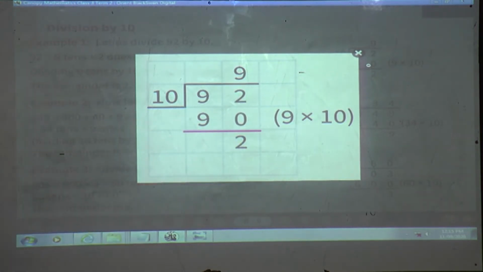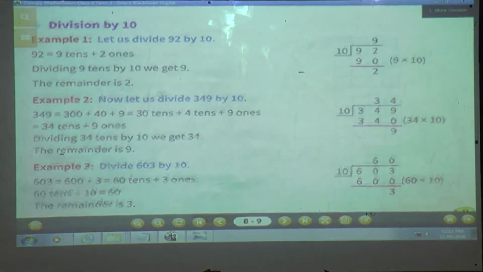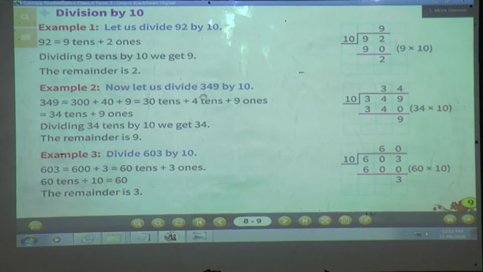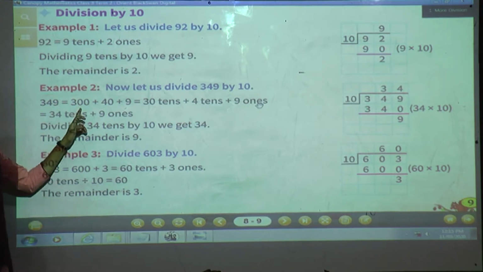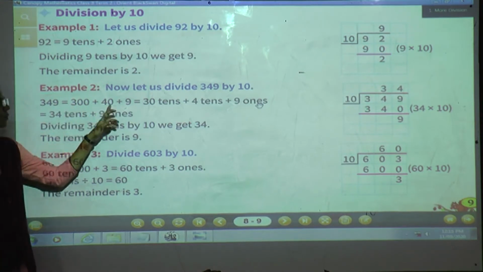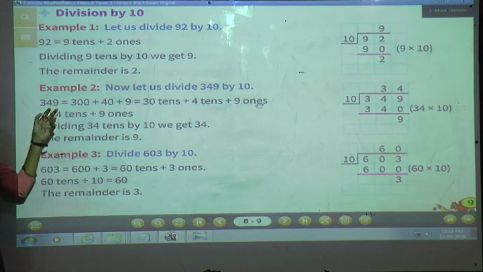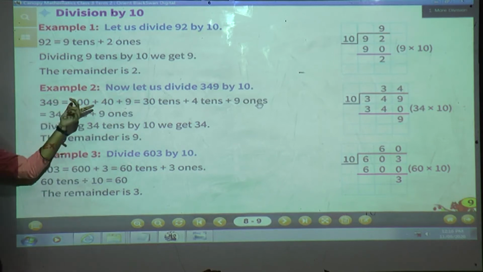Now we will take the next example. See here, next example is 349 by 10. Now 349 is equal to what? 300 plus 40 plus 9, which means we have to write this number in the expanded form.